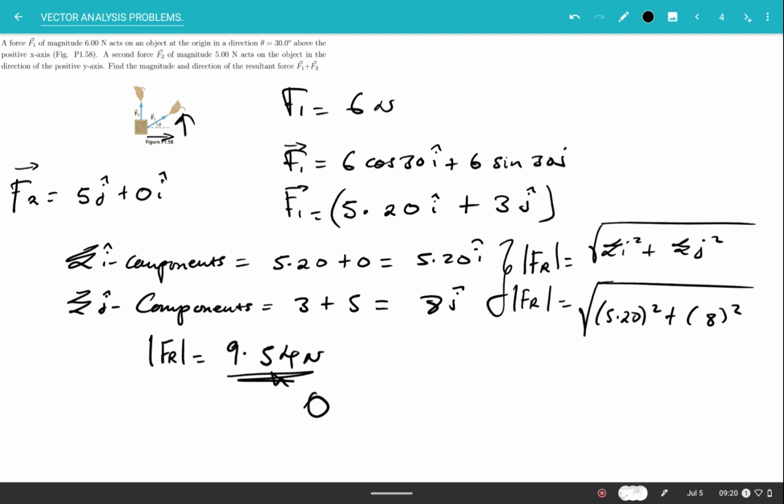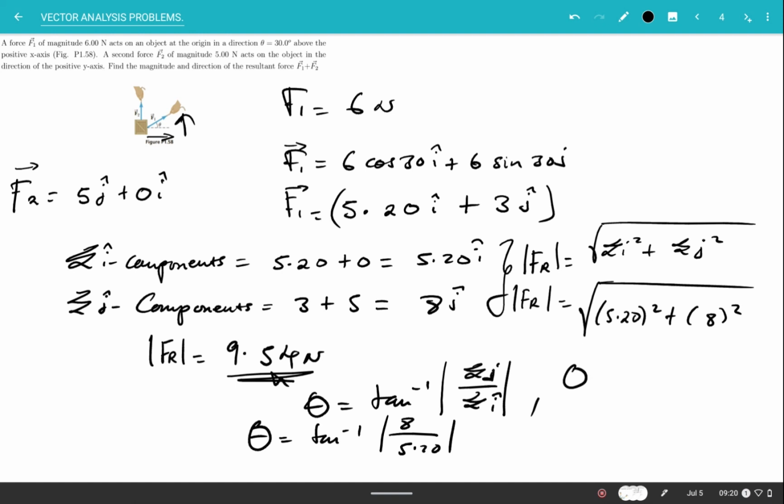Then you find the direction. Theta is equal to tan inverse of the sum of the j over the sum of the i, like that. So theta is equal to tan inverse of 8 over 5.20.